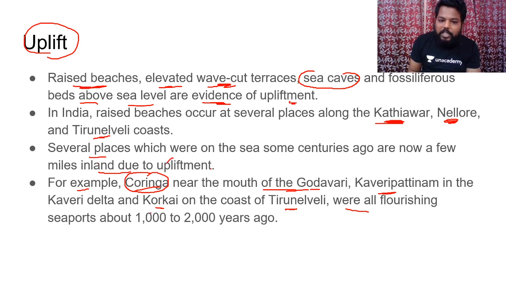But if you observe these regions as of now, just try to Google these regions. They are somewhat far away from the sea coast as of now. The reason behind it is that the coast got uplifted and made this region move towards the inland.